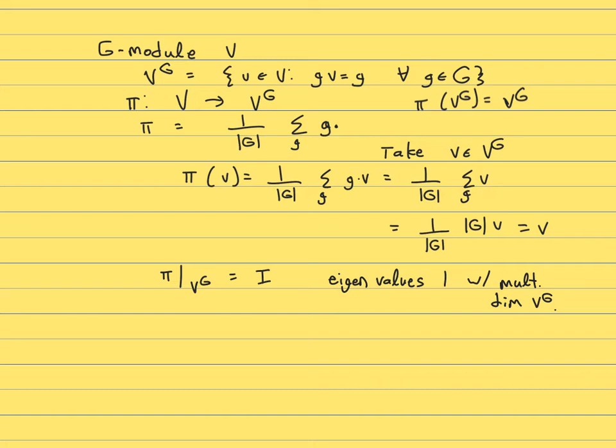Of course, by Maschke's theorem, we know that V decomposes as V^G direct sum with its complement, and its complement W is also G-invariant. Notice that under the way this transformation works, this is a projection map. We can see that W must be the kernel.